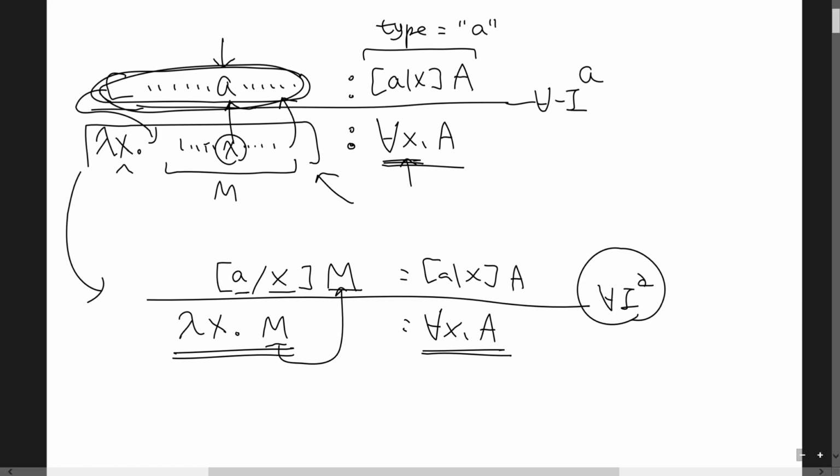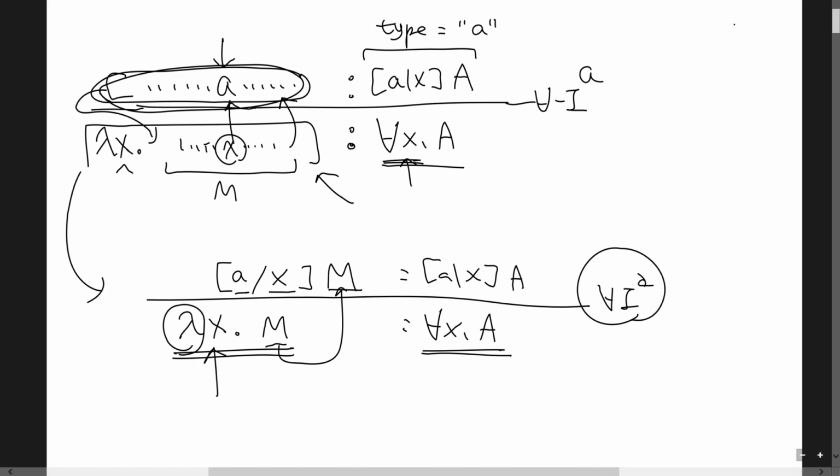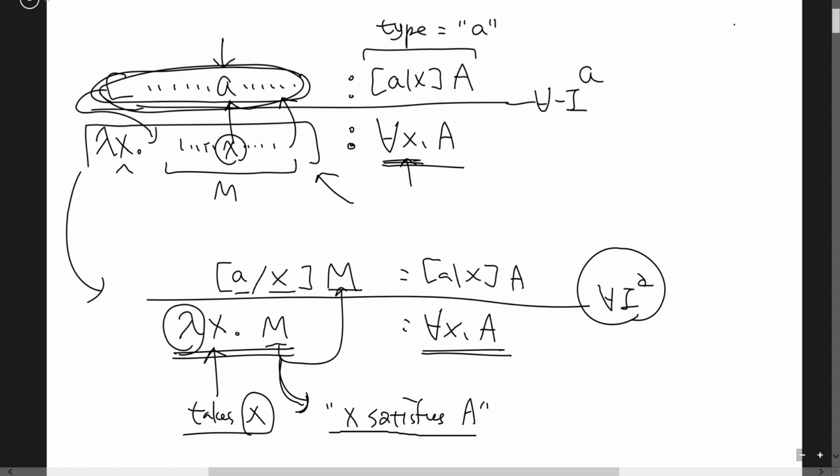And there's a good reason that we use this lambda abstraction, because it's really a function which takes a term x and then returns a proof that x satisfies A. So in this regard, we can think of it as really a function taking a term and then returning a proof term.